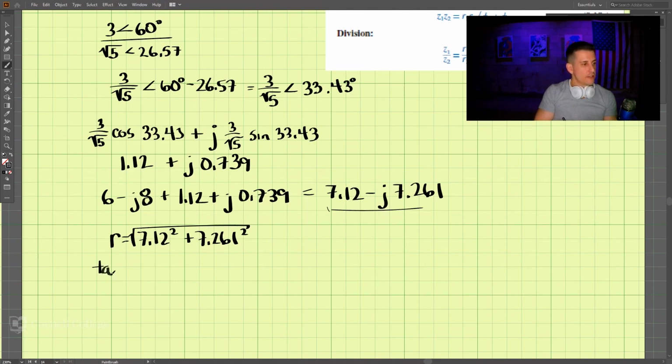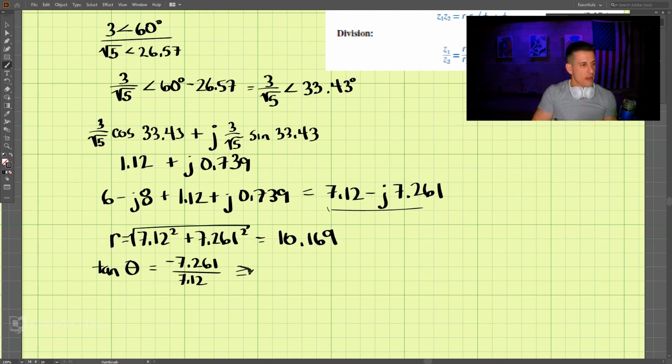And the tangent of theta is equal to negative 7.261 divided by 7.12. Okay, so this value of r, 7.12 squared plus 7.261 squared, square root of that, is 10.169.